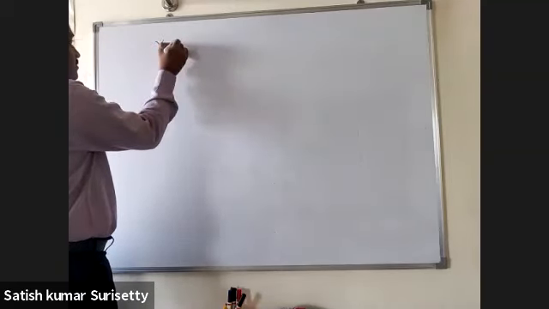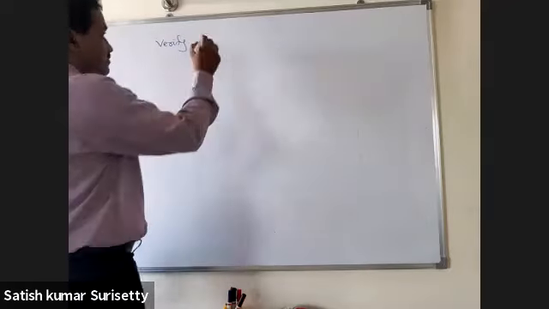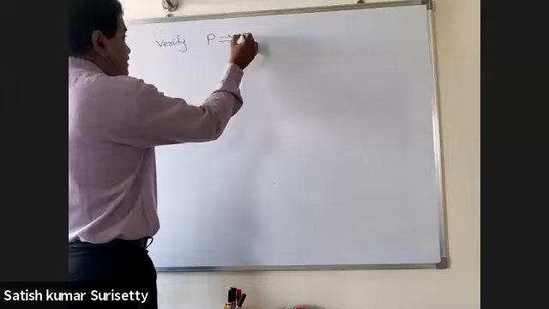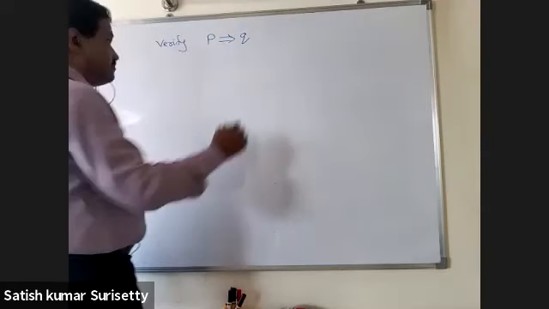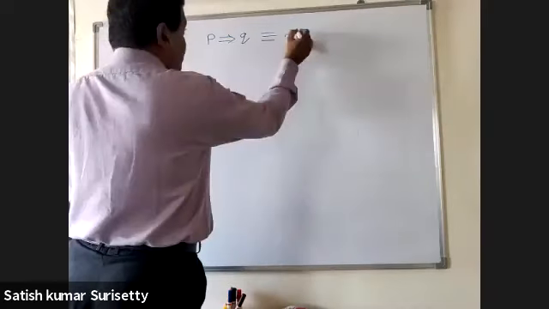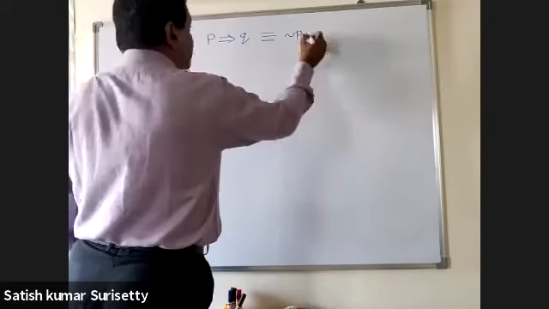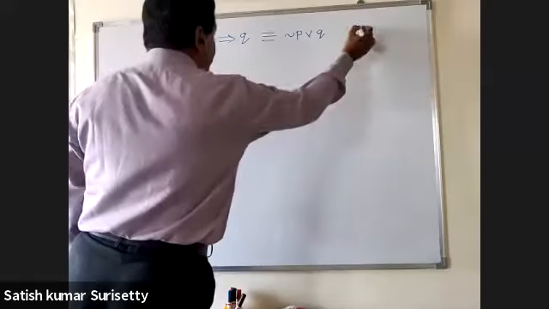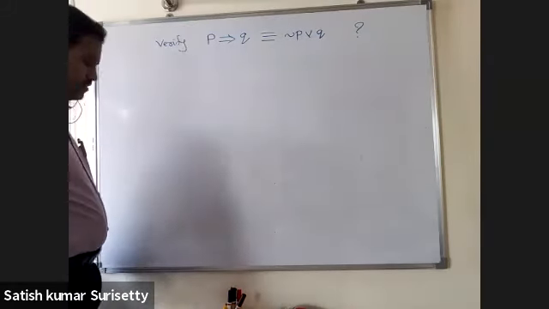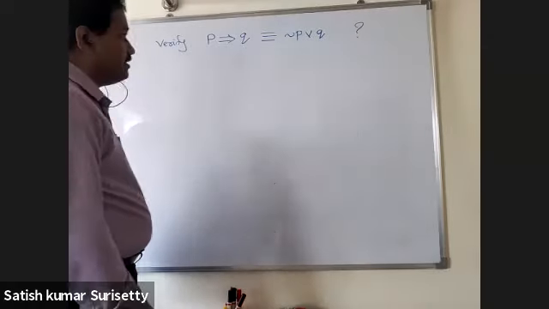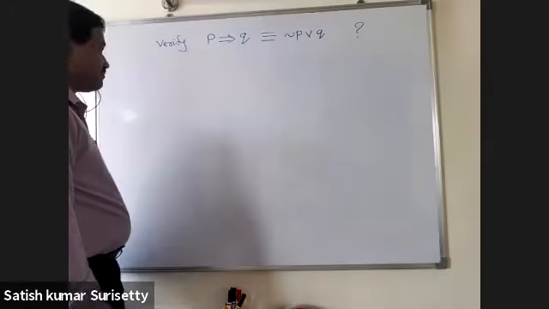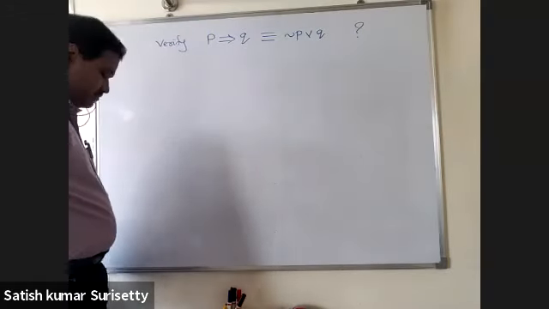Verify P implies Q is logically equivalent to negation of P or Q using truth table.